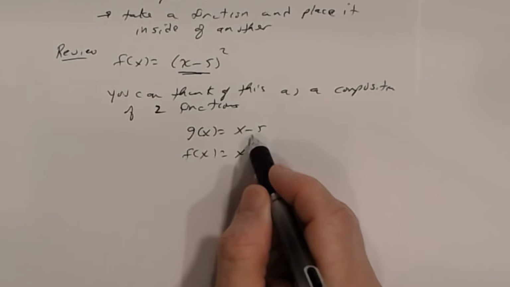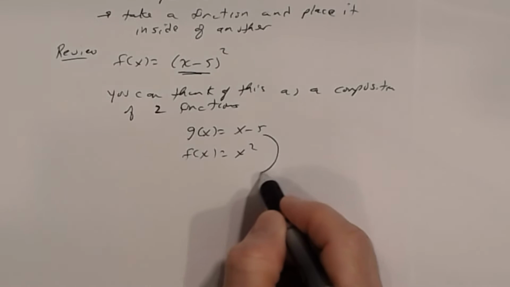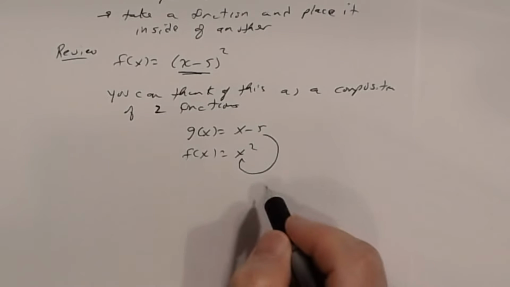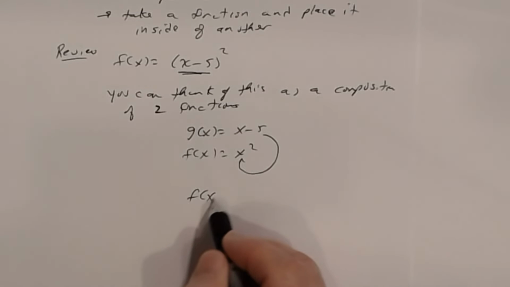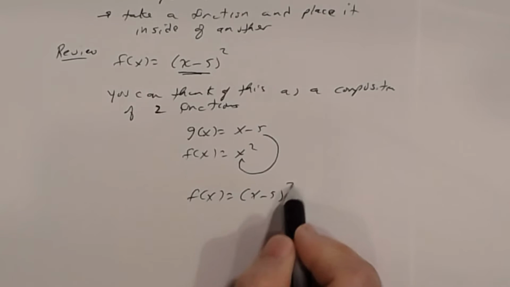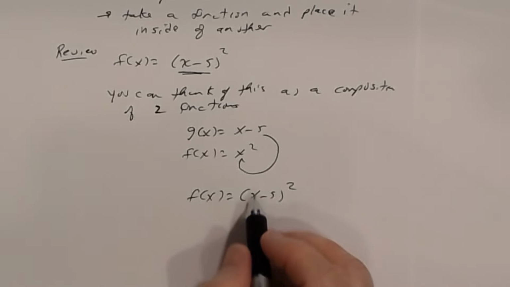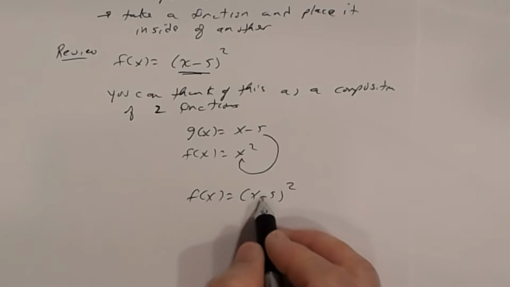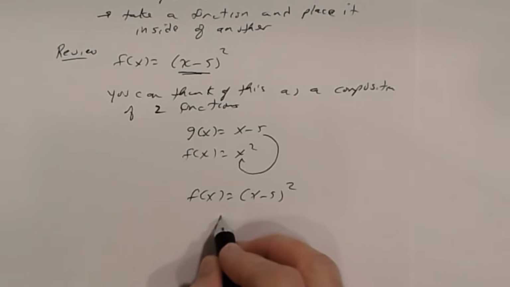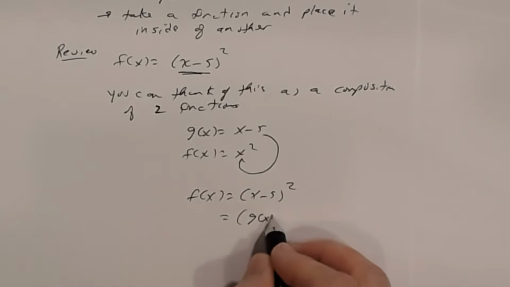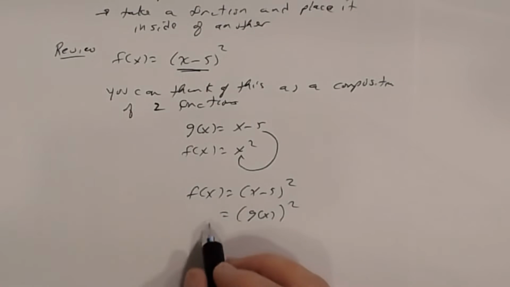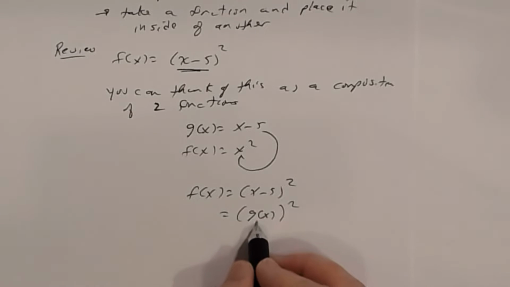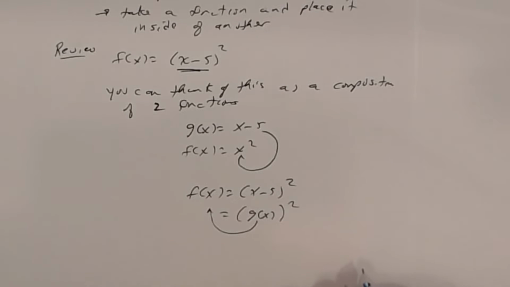See, f of x is going to be x squared. So if you take x minus 5 and put it into x here, you will get f of x is equal to x minus 5 squared. And remember, x minus 5 is g of x. So this can be written as g of x squared. Okay, so you're taking g of x and you're putting it inside of f of x. That's a composition.